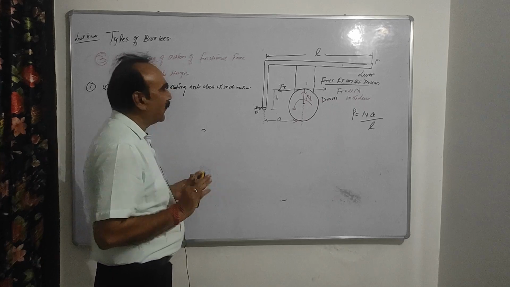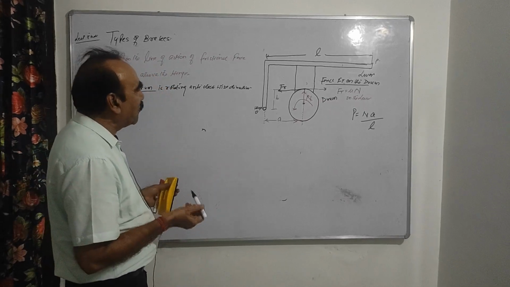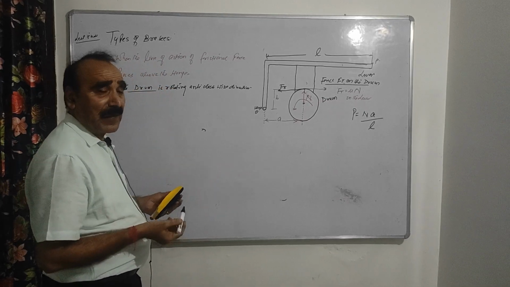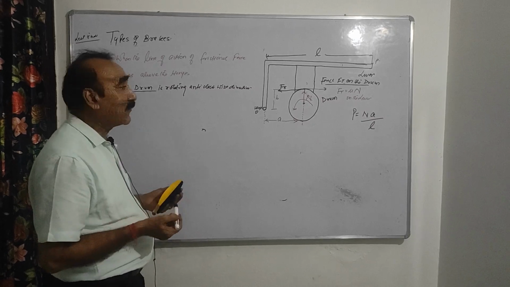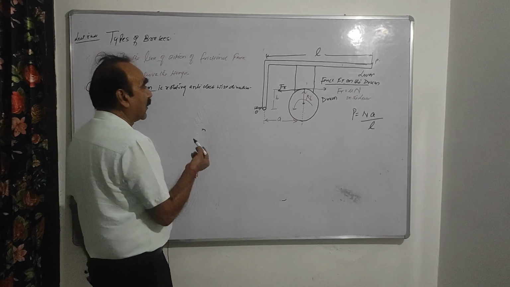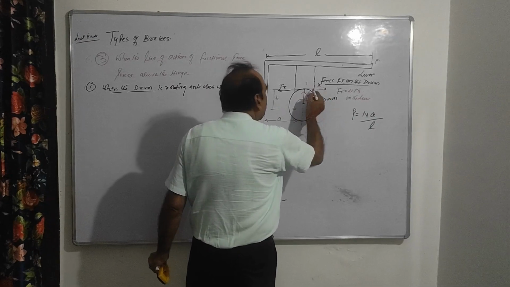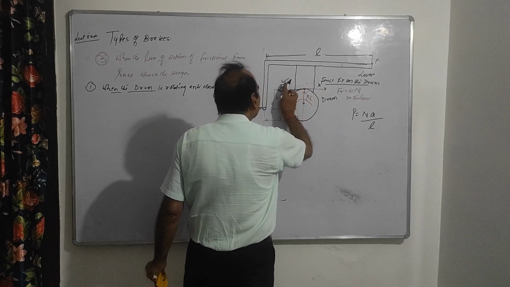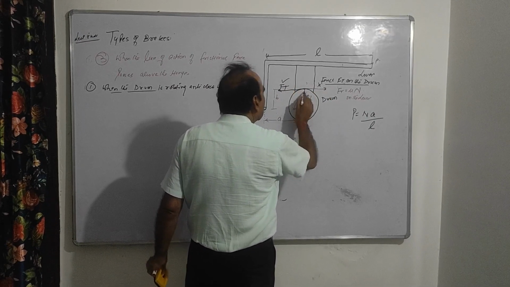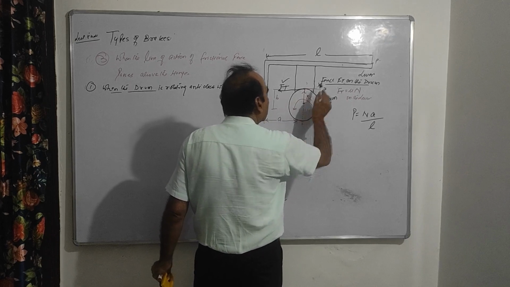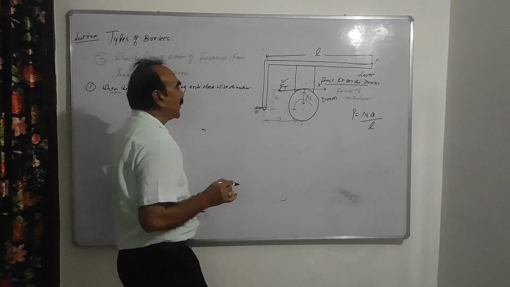I have not drawn here the free body diagram. So only the forces which are on the lever or on the shoe, only we are taking that force. We are not taking the force on the drum. So this doesn't require. So only this force Ft, this normal force, and this is P. These three forces are there.